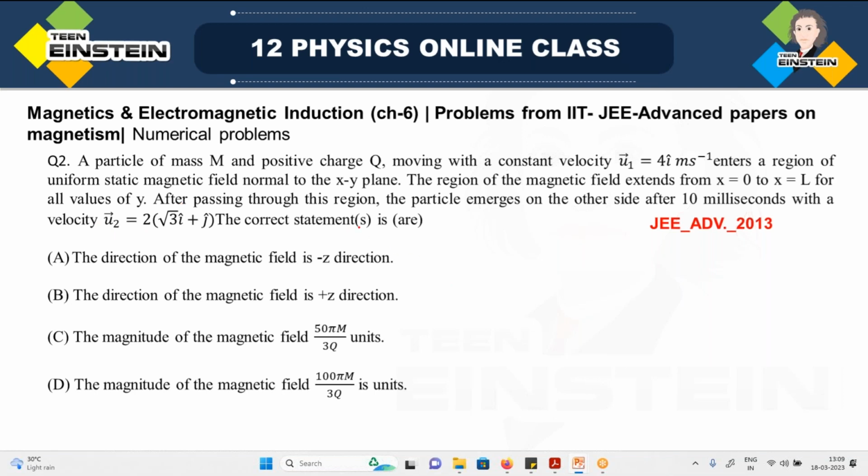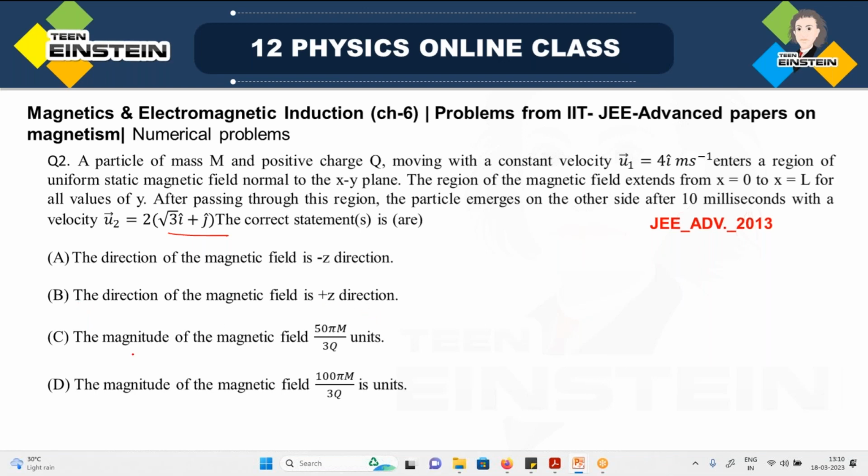After passing through this region, the particle emerges on the other side after 10 milliseconds with velocity u2. The correct statements are: the direction of the magnetic field is minus z, or the direction of the magnetic field is plus z.